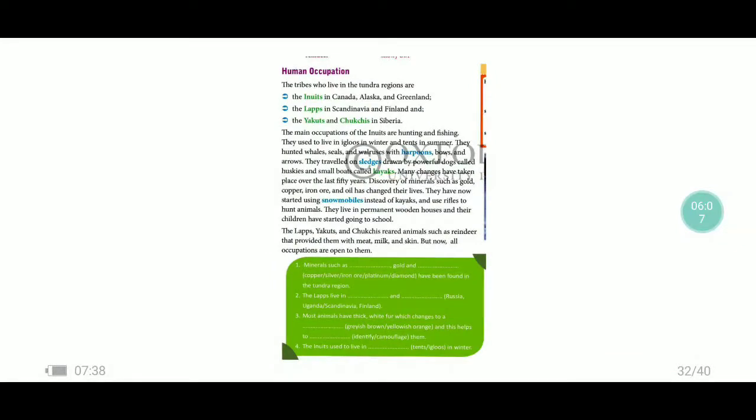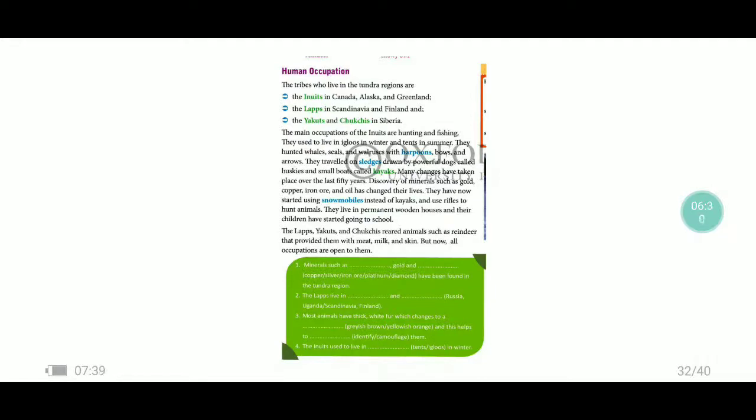Now let us see about the human occupation of the Tundra region. The tribes here are called Inuits. They live in Canada, Alaska and Greenland. In Scandinavia and Finland, we have the tribal people called Lapps.